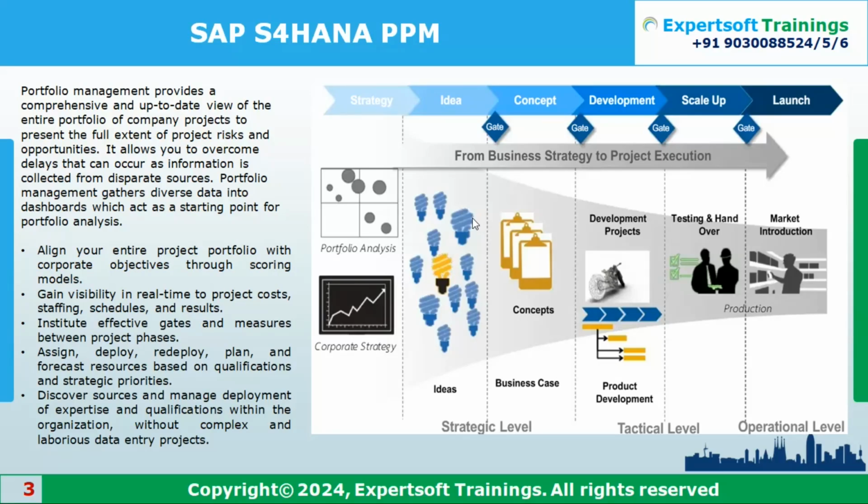In that yearly budget exercise, you give a budget for capex, you give a budget for operational projects. Similarly, for customer billable projects that are ongoing or upcoming in future, you give some budget. That exercise you do at the portfolio level itself.